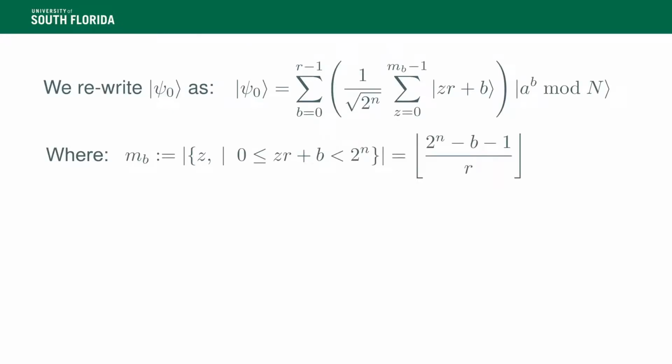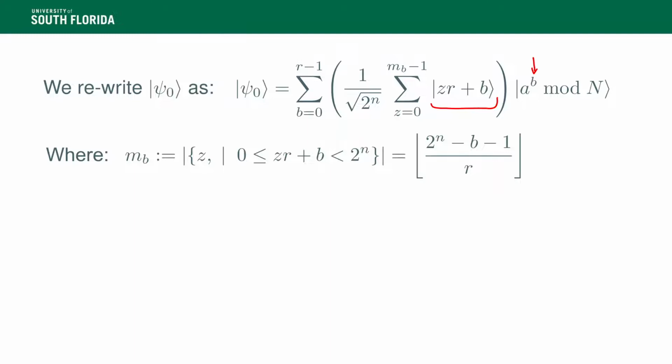Now, we can rewrite this. This time, the rewriting is going to be slightly more intricate, and the reason is that the number of terms here that stay within the bounds of the summation depends slightly on the b here in the exponent, okay?